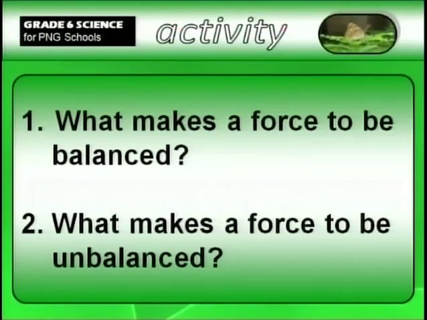Yes, very good. Because both sides have the same weight. What makes a force to be unbalanced? Because the other side was heavier than the other side. Very good. Because both sides have the same weight, that's why they are balanced.